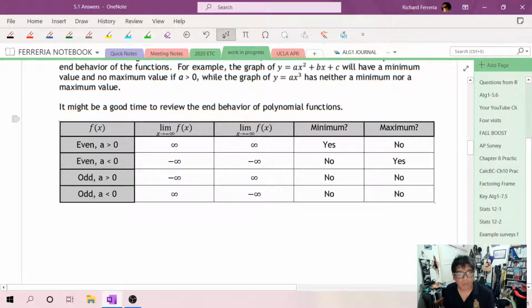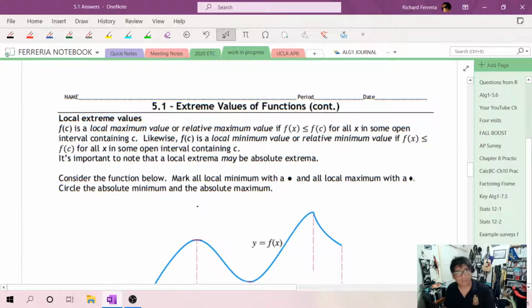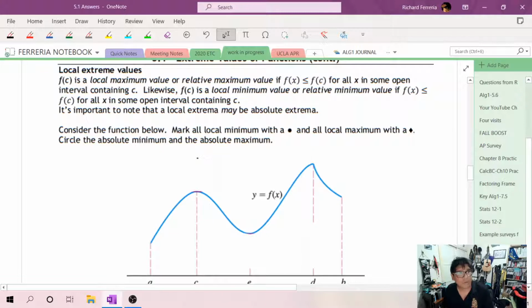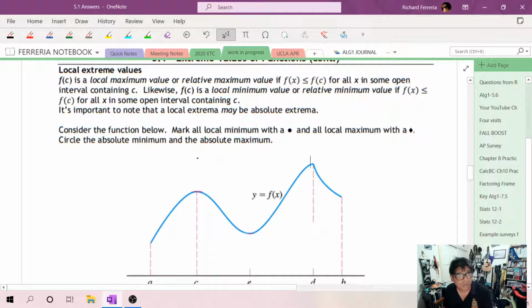Okay, so moving on from here, we're going to take a look at the next one, which is local extreme values. The idea for a local minimum or local maximum, which oftentimes we call a relative minimum or a relative maximum, is that it just needs to be the highest point or the lowest point in its neighborhood. In other words, there are points directly to the left and to the right which are higher or lower than there.